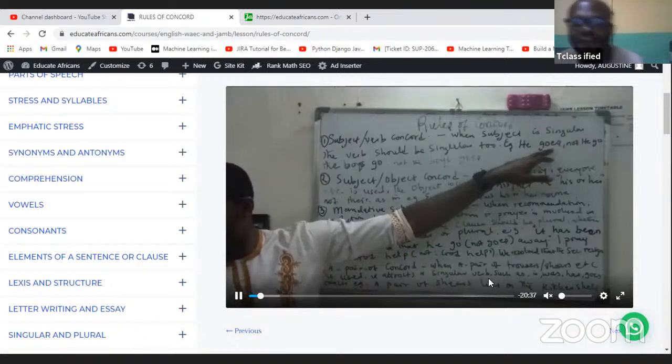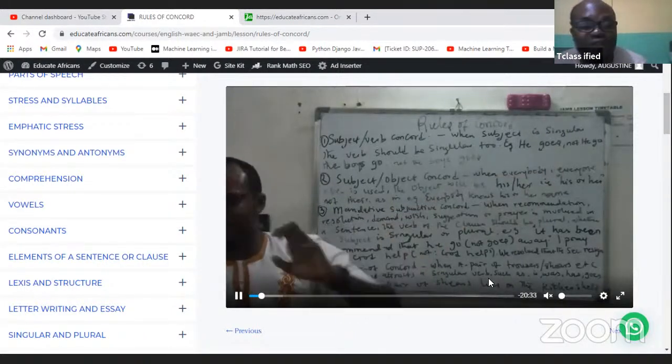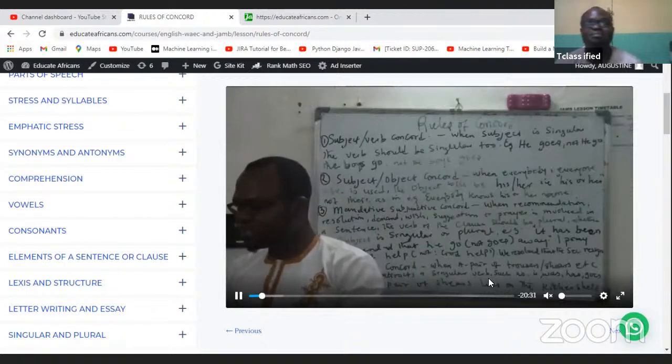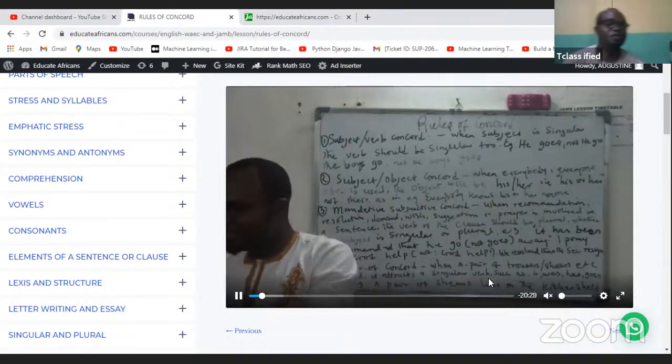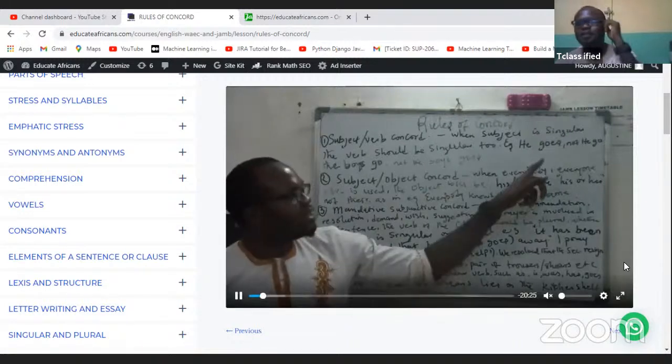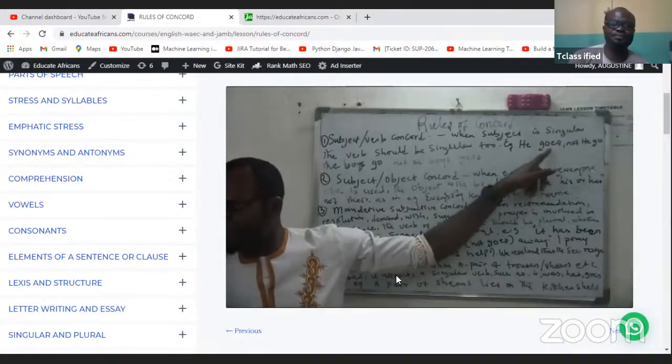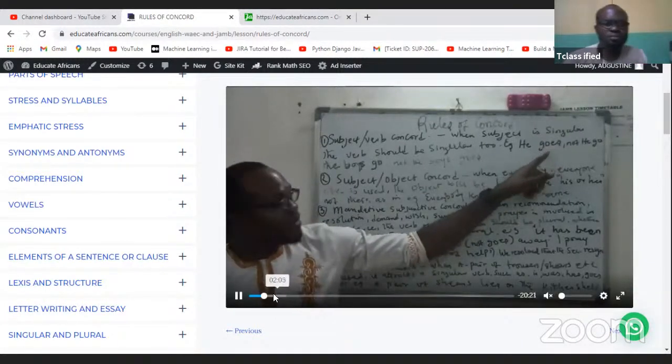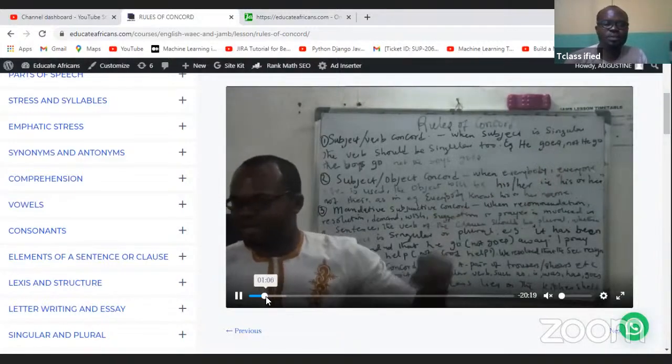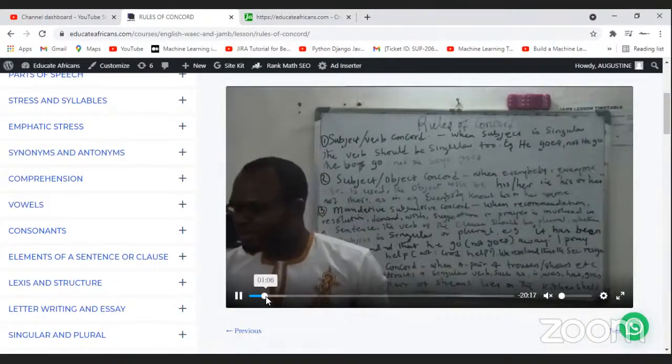So we've quoted 4 rules of concord now, and like I said, the rules of concord are more than 20. You're supposed to list out all the rules and submit to me. Chika, do you understand the 4 rules that we've given so far? Yes, sir.